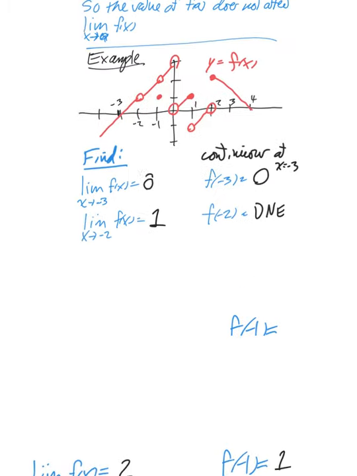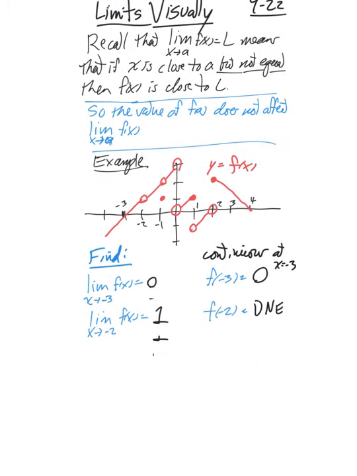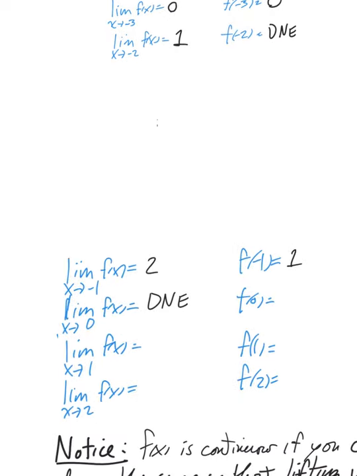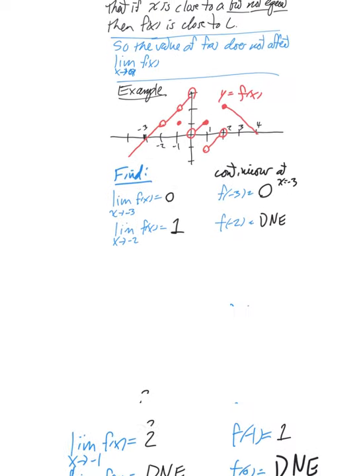But also, the function itself does not exist, right? There is no value to f of x here. So in this case, neither the function nor the limit exists. Okay? So the only time the function is continuous is if the limit exists, the function exists, and they agree. All these other cases are not continuous.